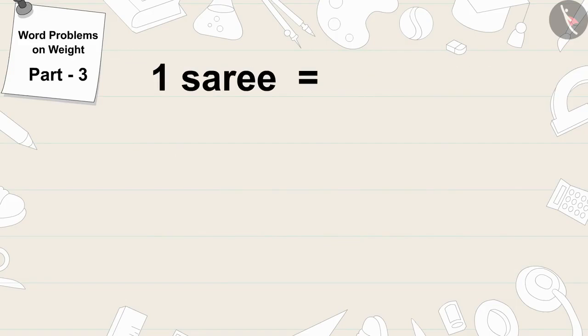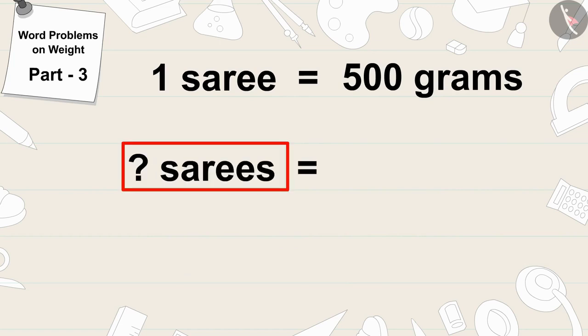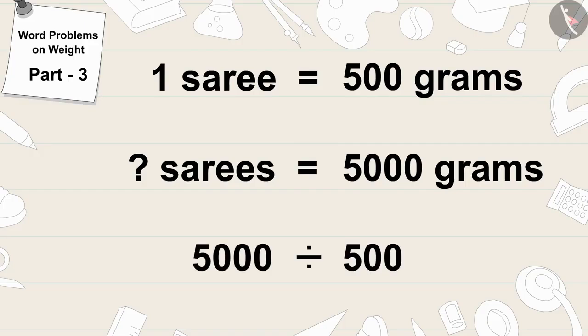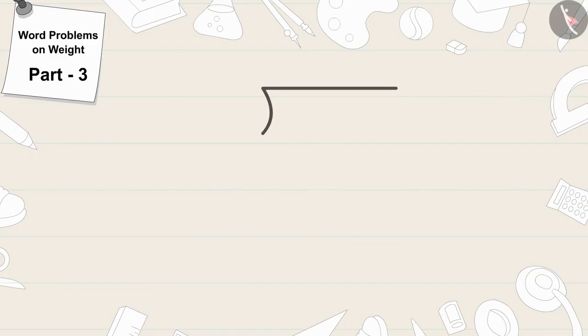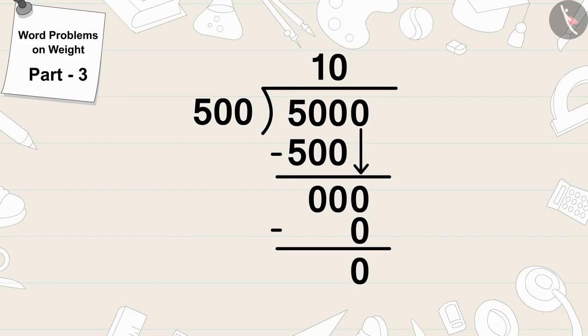Now, Banno has a sari of 500 grams. So, to find out how many saris will be in 5000 grams, we will divide 5000 by 500. 5000 divided by 500 is 10.